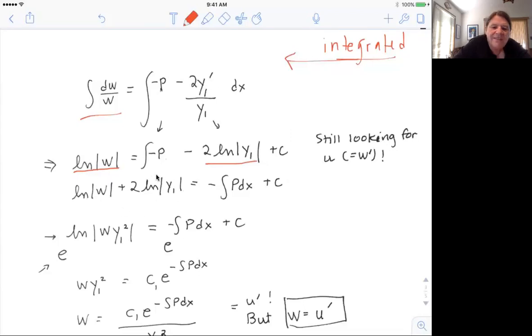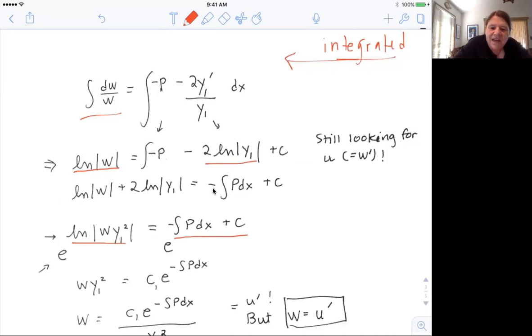I'm going to combine these two using properties of logs. And when I combined them, I sort of combined two steps in one here. Notice the log of something plus the log of something else is the product, and I brought this 2 up as a power. So what I have on the left-hand side is log of WY1 squared.